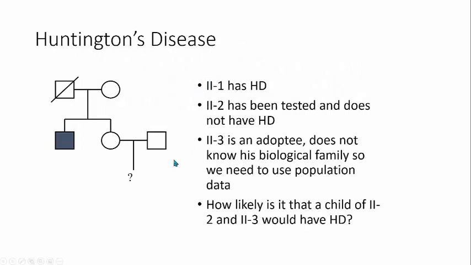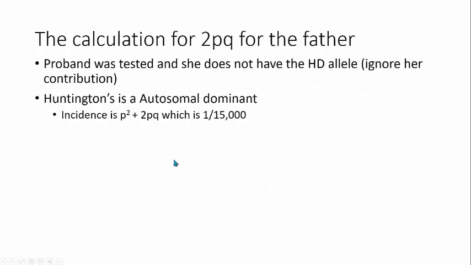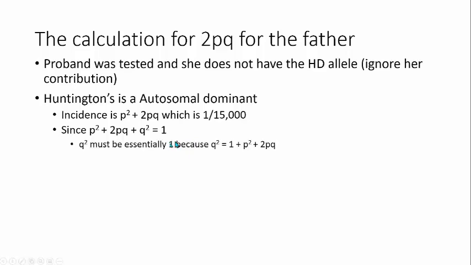Since we don't know anything about her husband, we must calculate for the husband. The incidence of Huntington's is approximately 1 in 15,000, and because it is a dominant allele, that would be P squared plus 2PQ. Now there's an interesting trick that we use to figure out 2PQ here, because we know that Q squared has to be essentially 1, since this is very, very small.